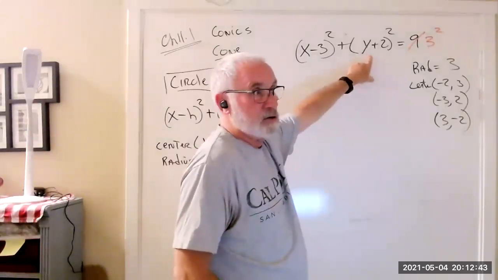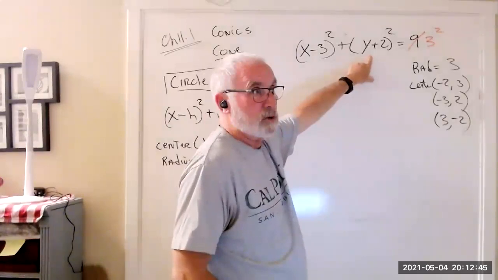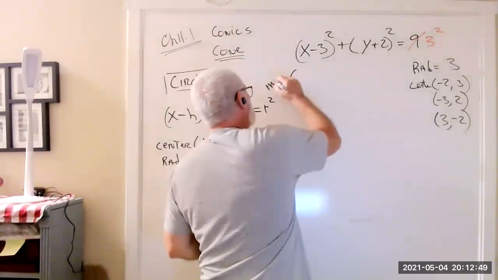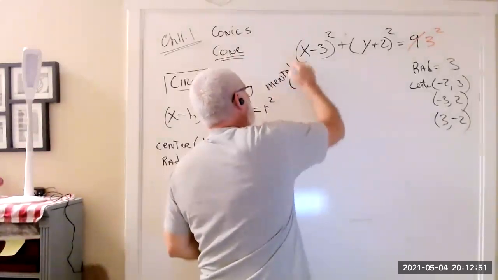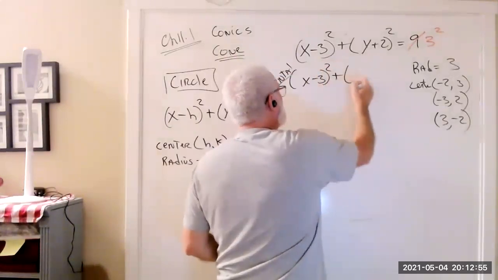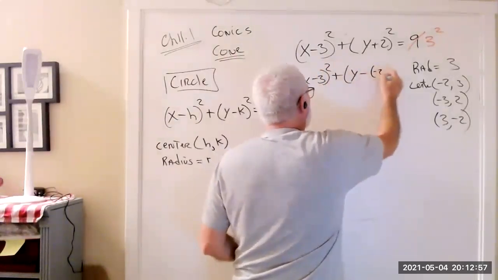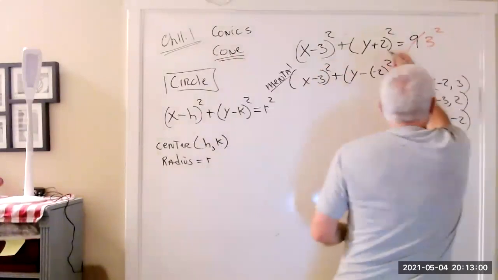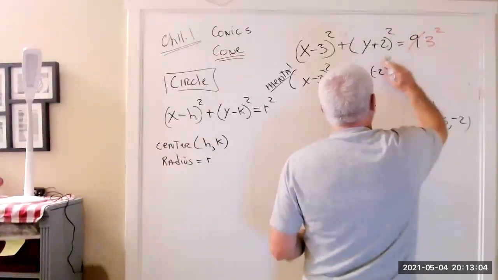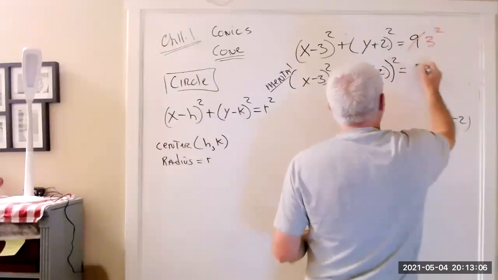It's not a minus. So you have to mentally see this as x minus 3 squared plus y minus negative 2 squared equals 3 squared.